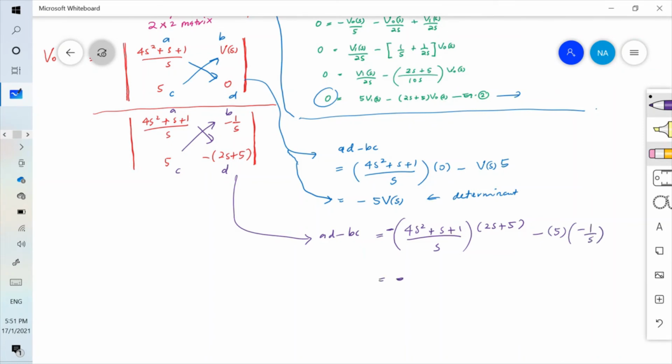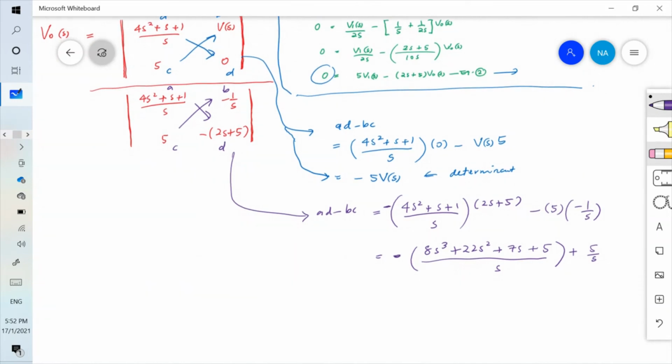So you will get negative, in bracket, 8s cubed plus 22s squared plus 7s plus 5 over s, plus 5 over s.